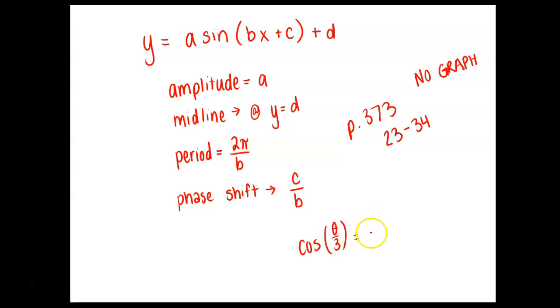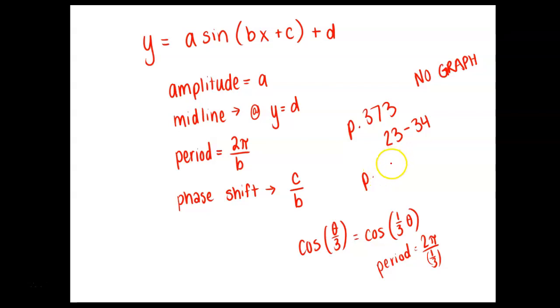So we can think of this as cosine of 1/3 times theta. Don't pack up. There's another page. Sorry. And so when you see theta over 3, that is 1/3 times theta. So to find period, you would have to do 2 pi divided by 1/3 in that case.